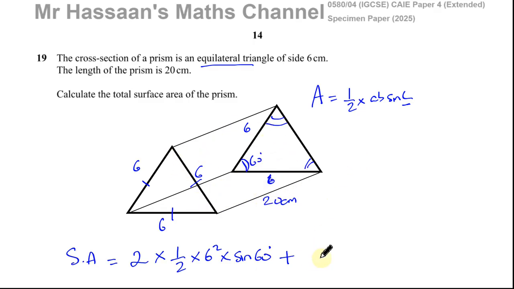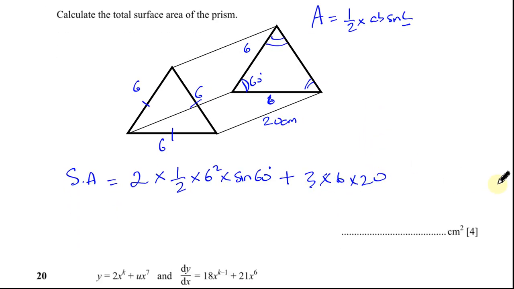So you have 3 times 6 times 20. We can also think of this as finding the perimeter of the cross section and multiplying by how long it is, which gives the same thing. You're going to have 6 plus 6 plus 6, which is 18, times 20, the same thing. So that will be the total surface area of the prism.